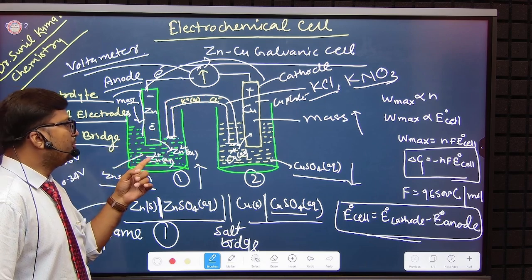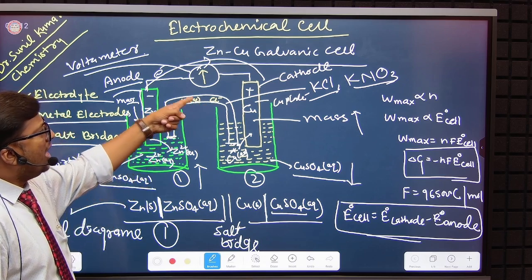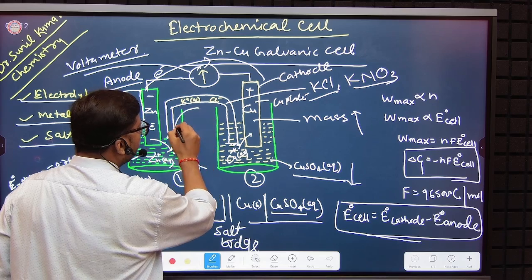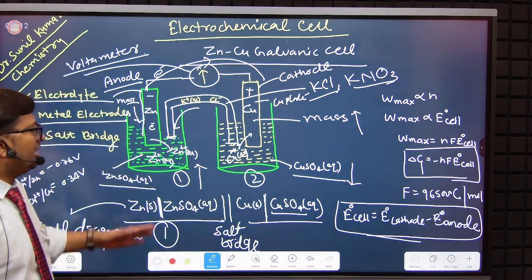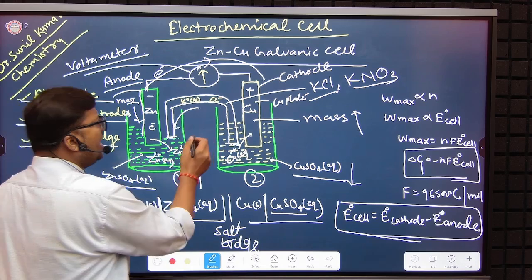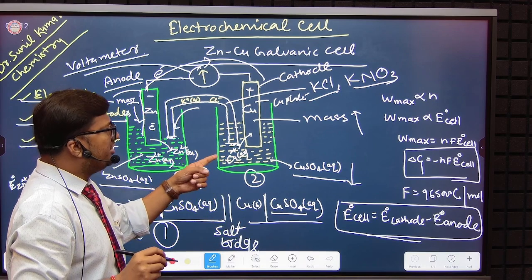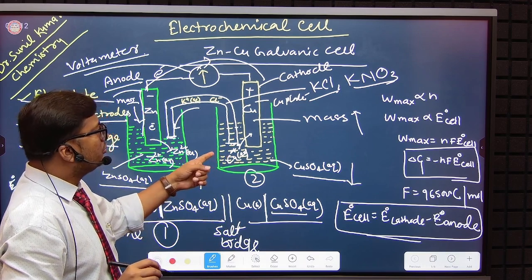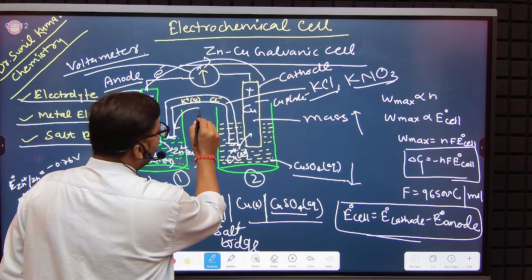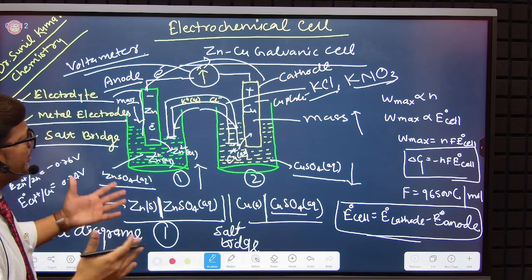Here it is a positive 2 charge, so the negative ions will come from this salt bridge, right? And that will neutralize the solution. And from this side, the positive ions, because positive ions are decreasing in this particular solution, the neutrality is maintained through the movement of positive ions in this fashion. So this is the beauty of the salt bridge.